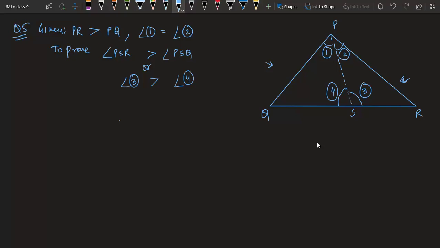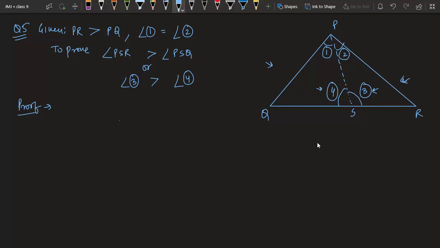Okay, let's start the proof. First, you need to understand this angle 3 is coming in a different triangle, angle 4 is coming in a different triangle. So we have two different worlds which we want to bring onto the same platform. Before that, we have to go through the simple triangles first.